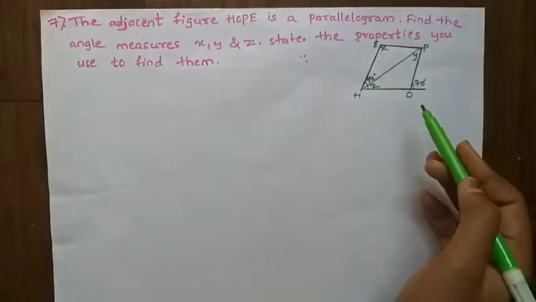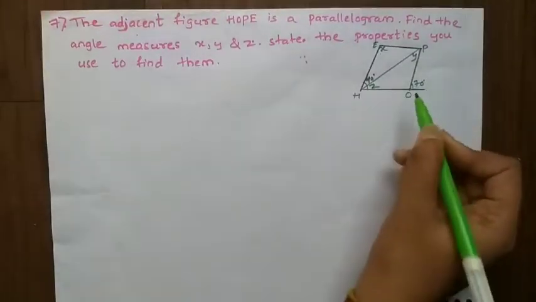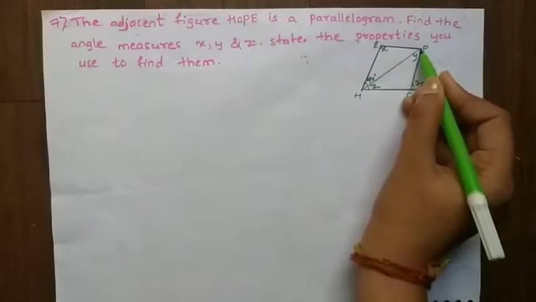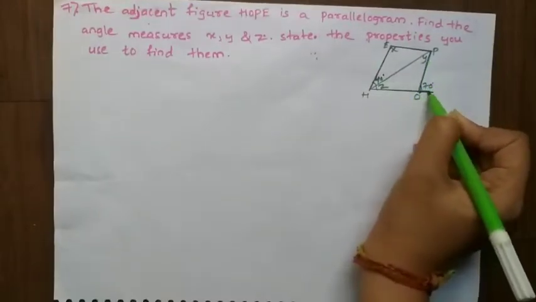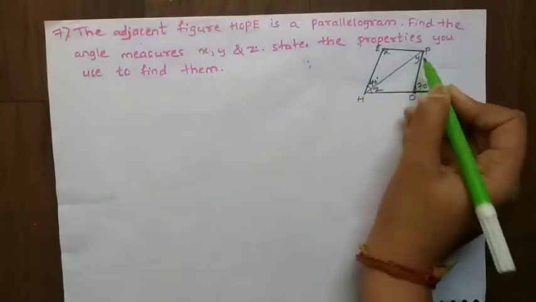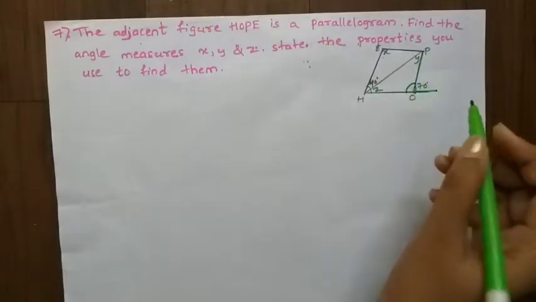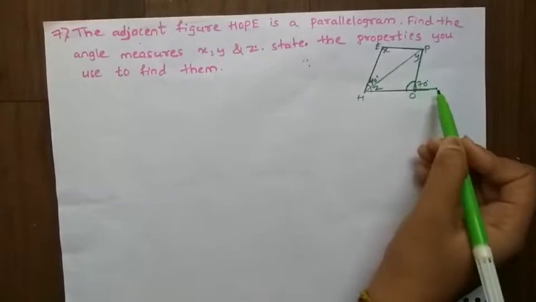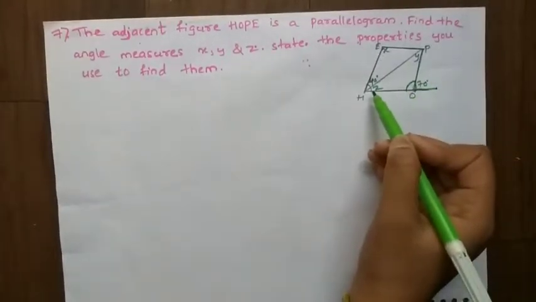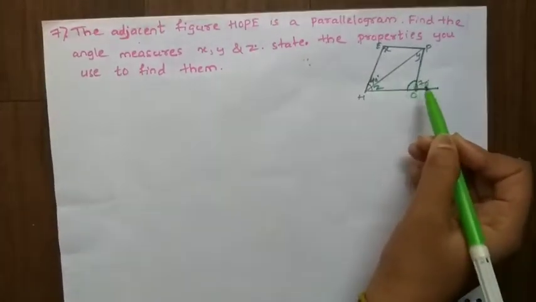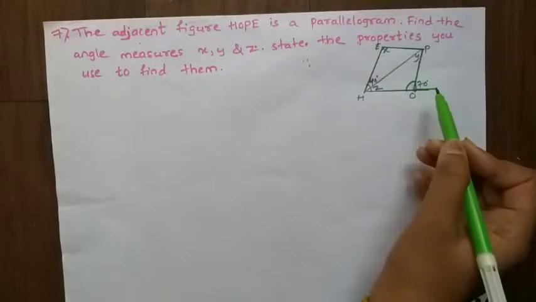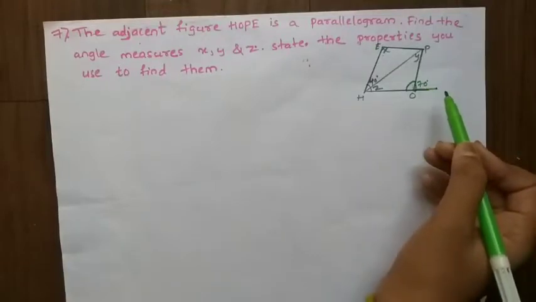So first observe the figure carefully. Here this part is how much they have given here? 70 degrees. And we don't know this angle here. Just observe, this figure is in the form of a linear pair of angles. Yes. So we know that the sum of two adjacent angles is 180 degrees.